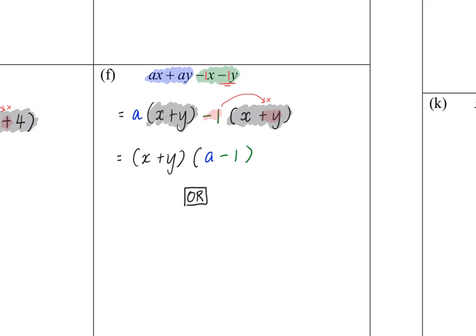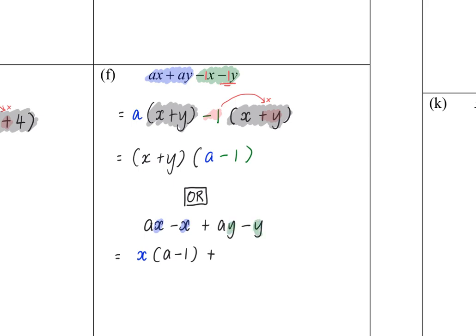If I were to rearrange the terms with ax minus x, positive ay minus y, then I can see that my x will be the common factor, and I'm left with a minus 1.